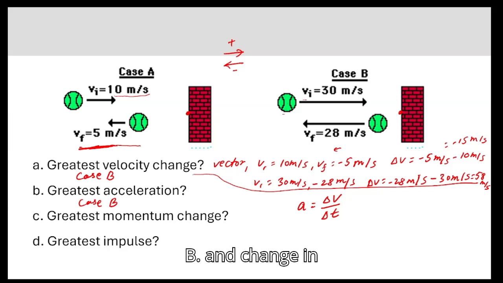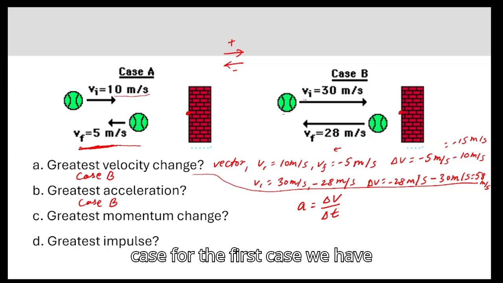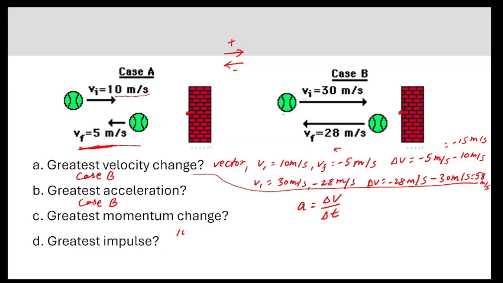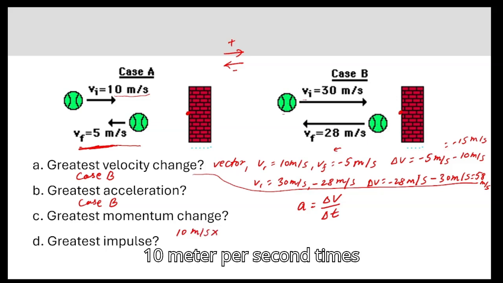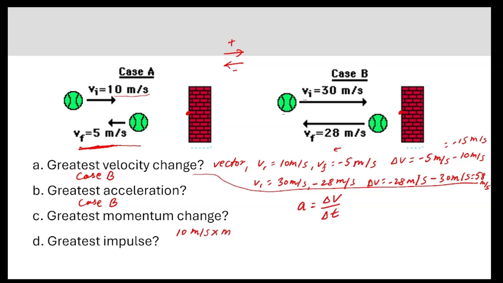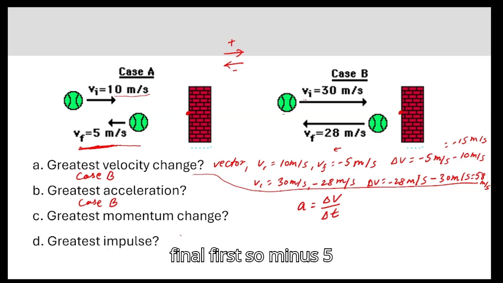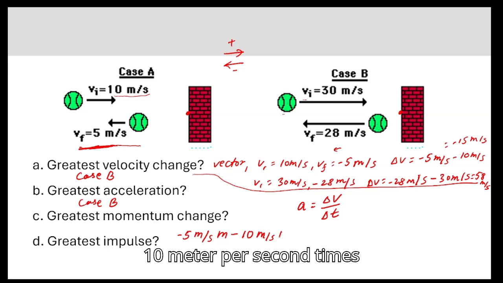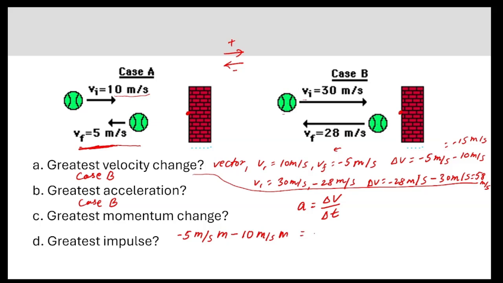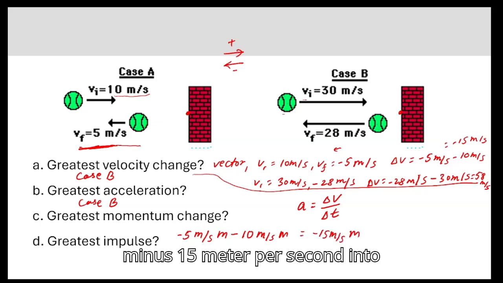And change in momentum is a similar case. Since it's asking for change, let's do final first. For the first case we have minus 5 meters per second times mass minus 10 meters per second times mass, so this is minus 15 meters per second times mass.